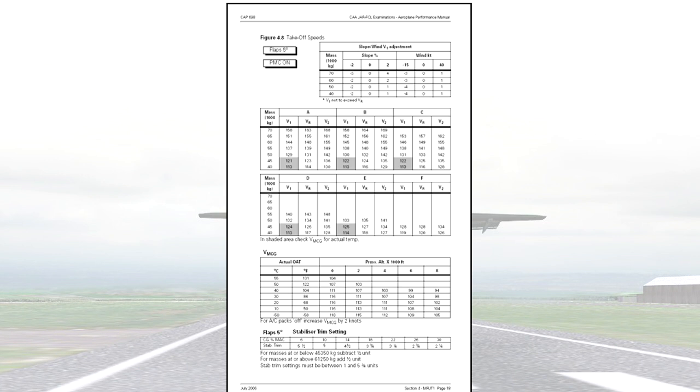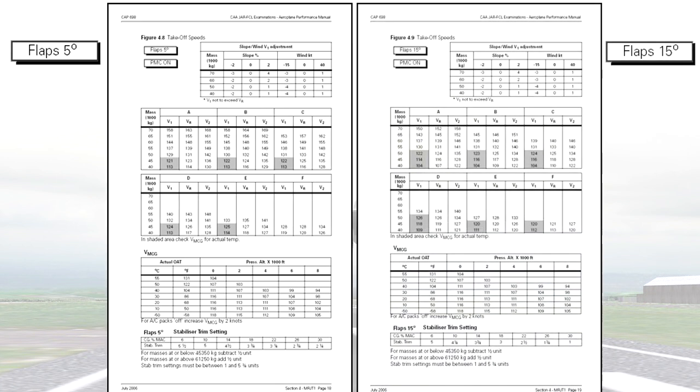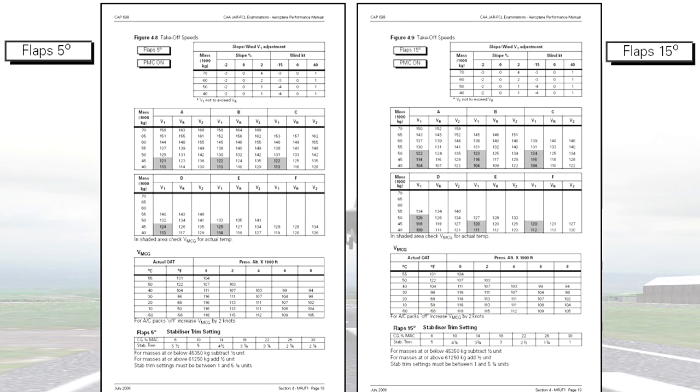The next factor to affect V1 is the aeroplane configuration. Page 18 lists the V speeds for 5 degrees flaps, and page 19 lists the V speeds with 15 degrees of flap. Therefore, comparing the speeds from these two pages should tell us the effect of what the flaps do to V1.